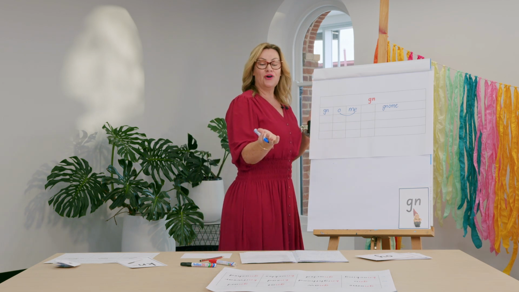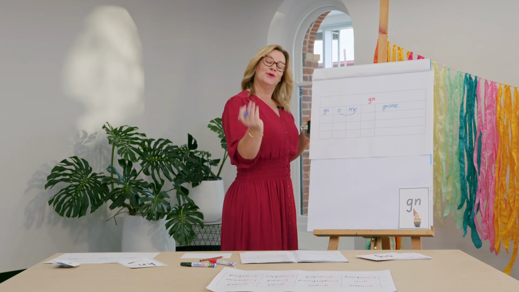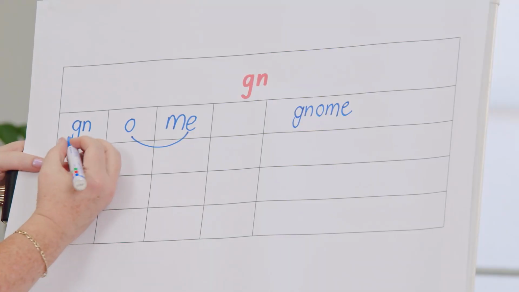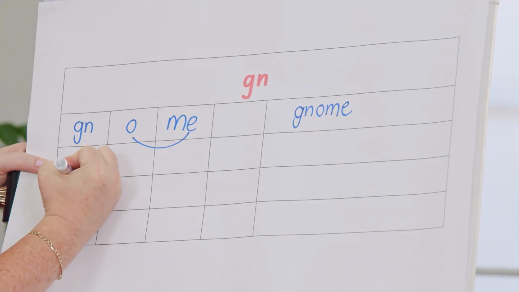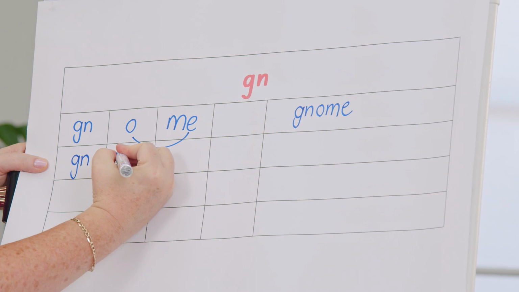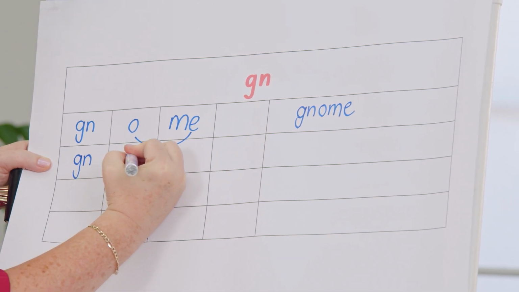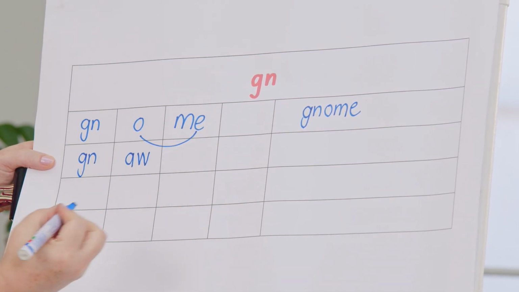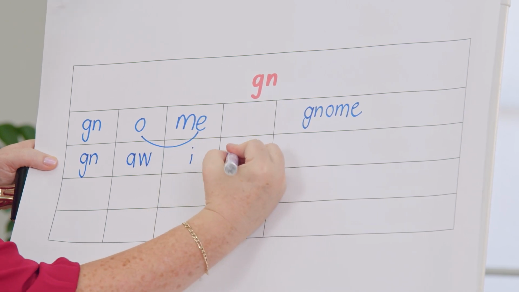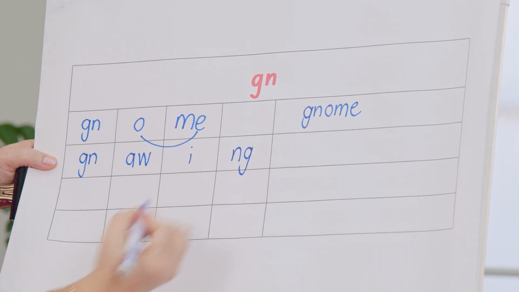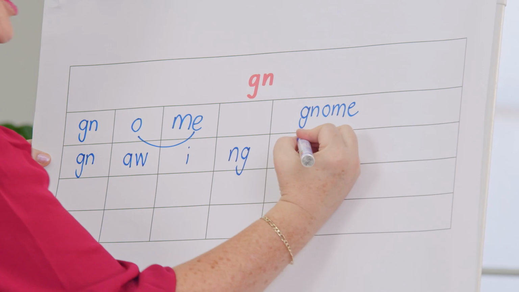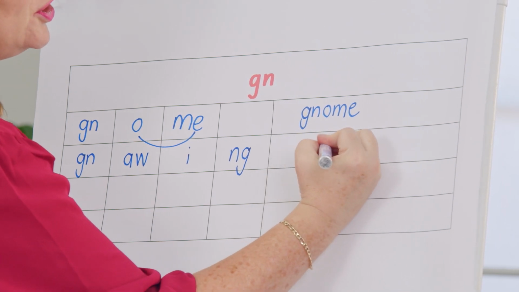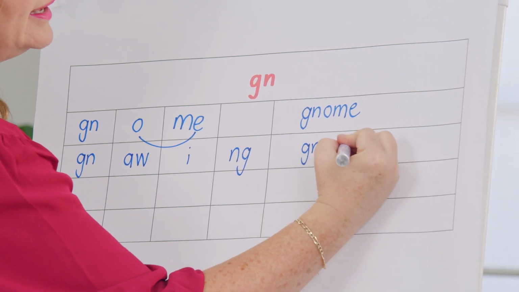Have a go on your own if you'd like to pause, or follow along with me. Let's do it. N or as in saw. Ing. Full word. N or it.